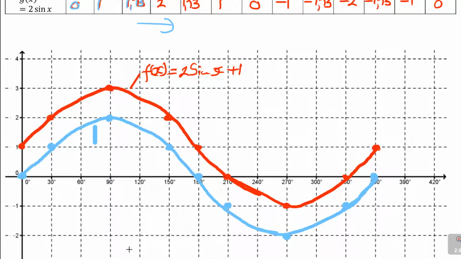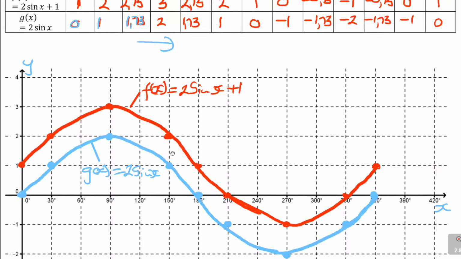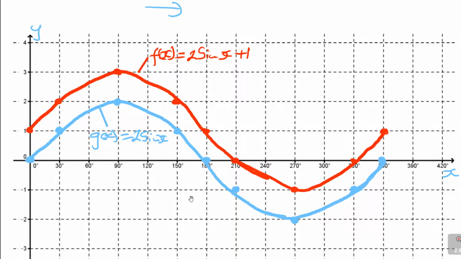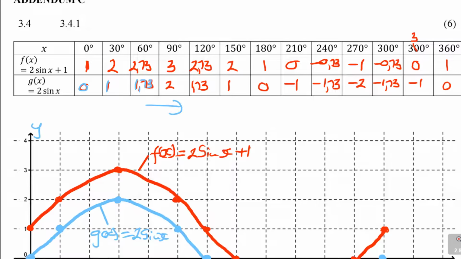This graph is called g of x is equal to 2 sine x. They mark that. So don't be fooled and leave it out. Even also that saying this is supposed to be x and that is supposed to be y. It's standard. You need to do that. Okay. So now I hope this is what was needed.